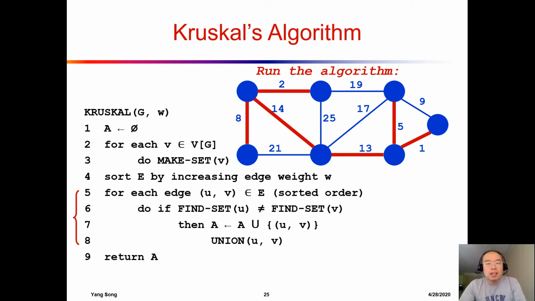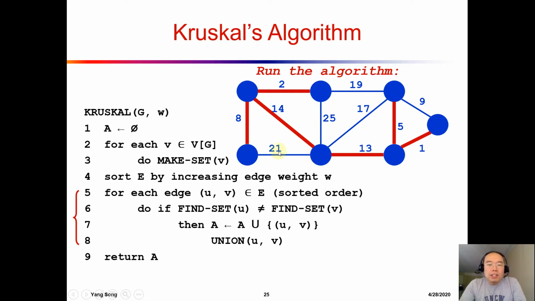And the trick here is we don't have any circle right now, right? So we don't have any circle. So for all the edges which may introduce circles, for example, this 21, if we take this 21, then we do have a circle, but we won't take that. Why?